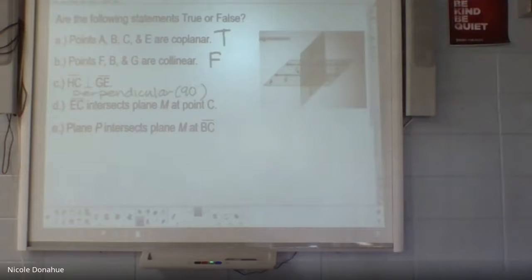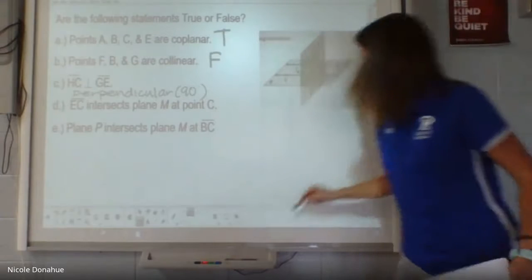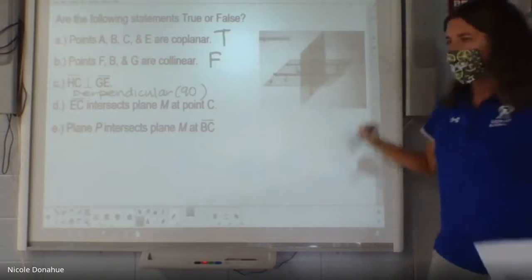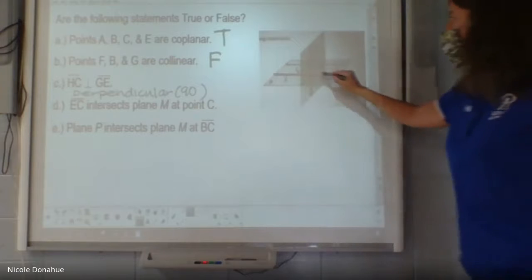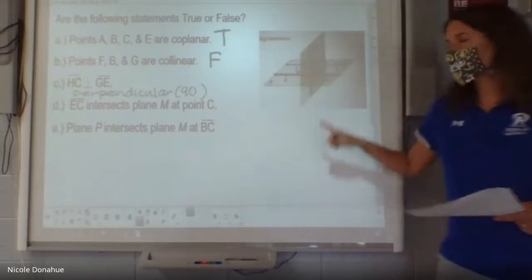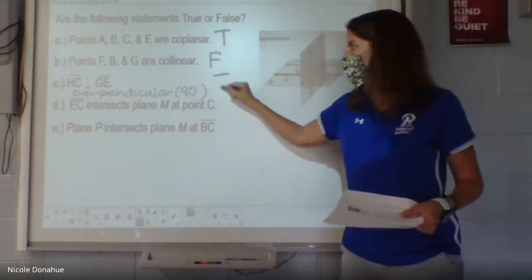HC is this one. GE is this one. Are those perpendicular? What tells us they are? They look perpendicular, but there's something that tells us. Yeah, Dawson? The little square. That little square shows us that they are perpendicular. And again, you can assume then all the corners would be 90 degrees, so this one is true.